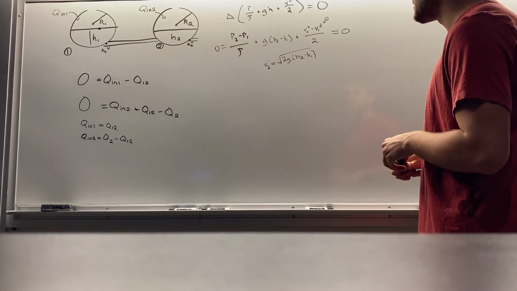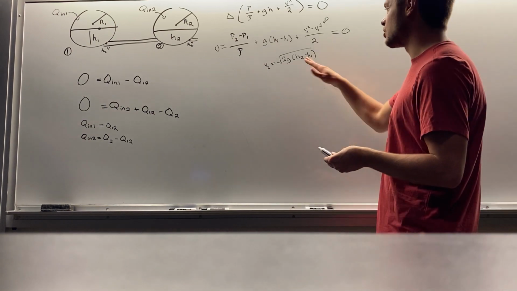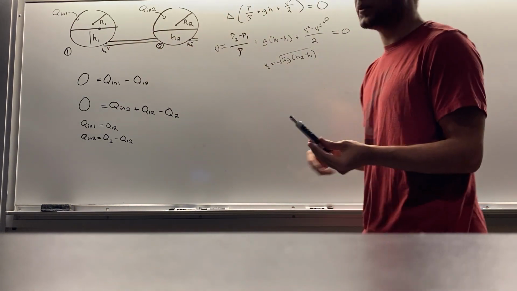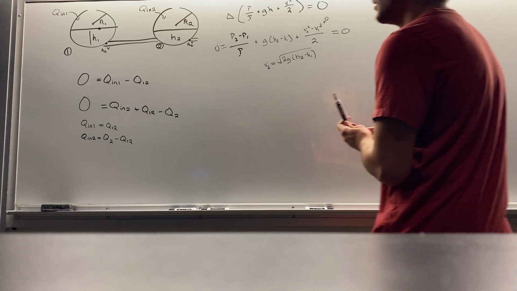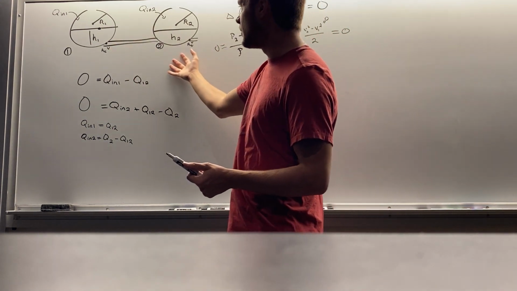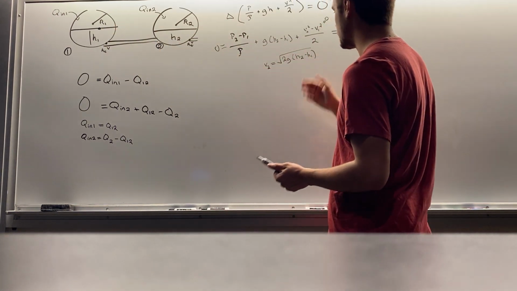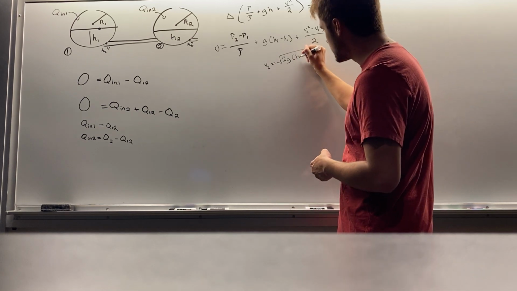H's might not have been the best use for that, because I'm looking at just change in height. I'm not looking at the difference between these two, but we will get to that. So if we want to look at the velocity at this point, our change in height will be from going from tank 1 to tank 2. So then it would be H1 and H2, but the only thing is they would be flipped.